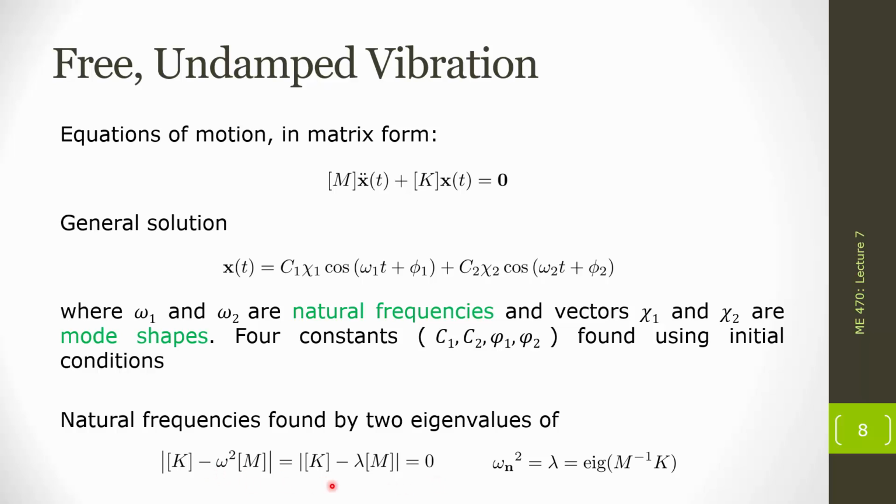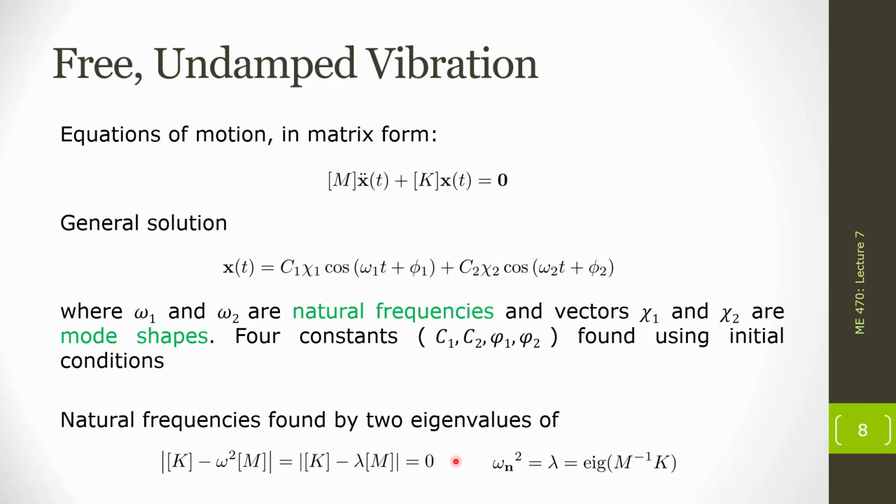But more or less, we can relate this back to when we found the characteristic equation for the 1 degree of freedom system. A similar type of process is going to come into play here, where we're going to get this omega squared coming from the x double dot and then no omega coming from the x when we were finding the characteristic equation.